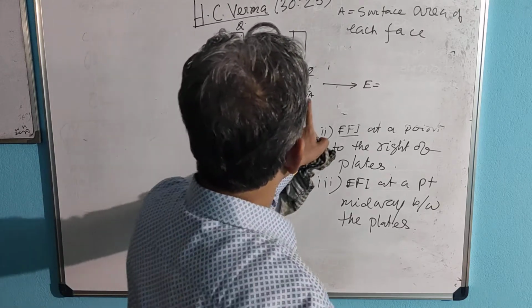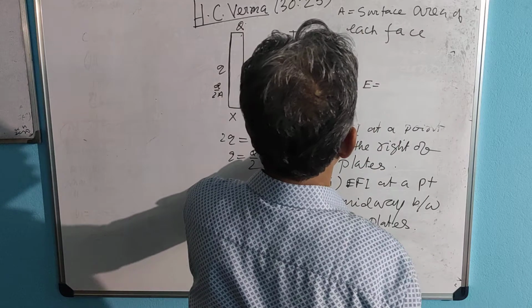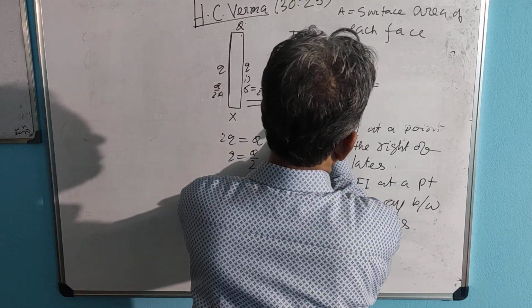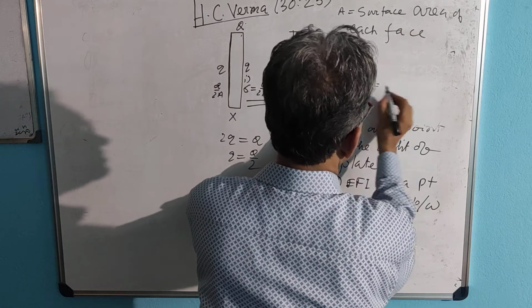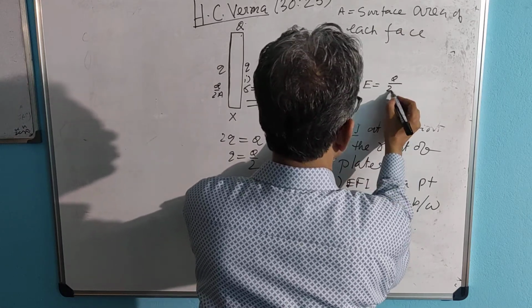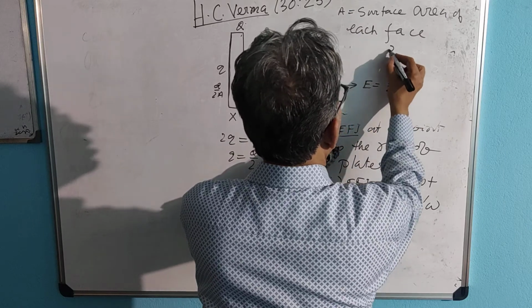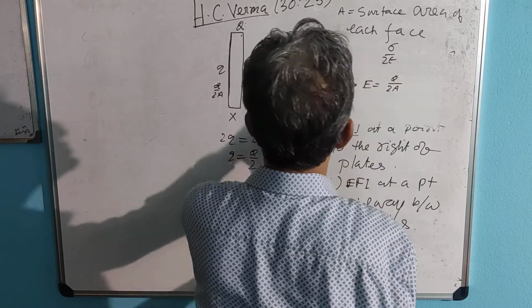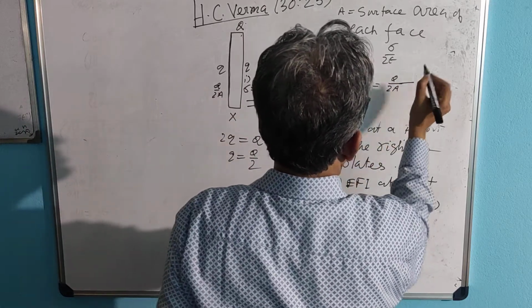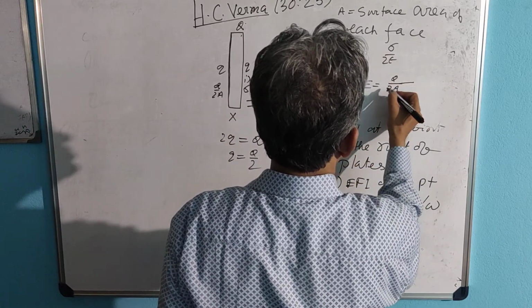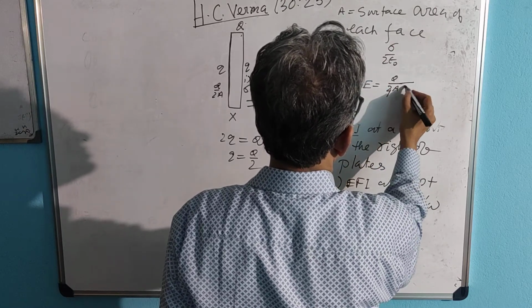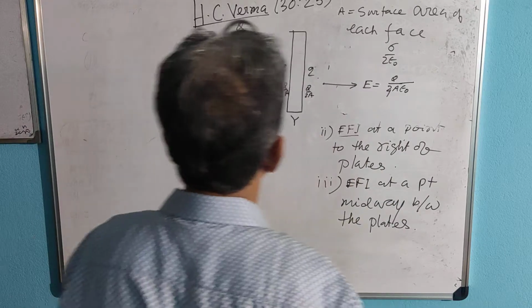For this sigma, what will be the direction of the electric field? Suppose this direction is taken positive, then Q by 2A is my sigma. Sigma by 2 epsilon 0, this is a charge sheet. So sigma is Q by 2A, and with 2 epsilon 0, that is Q by 4A epsilon 0.